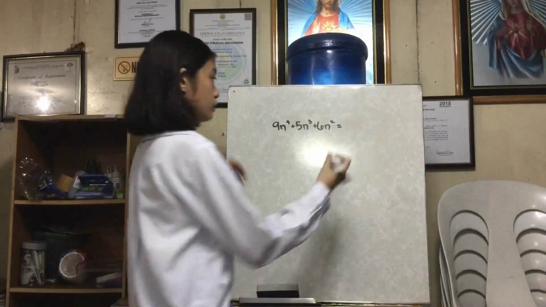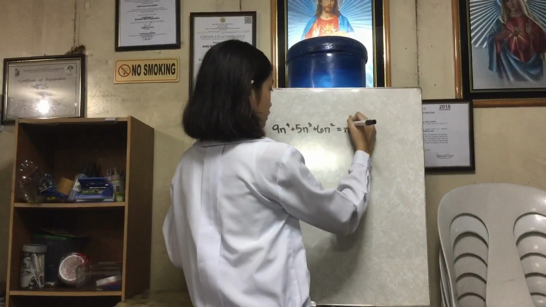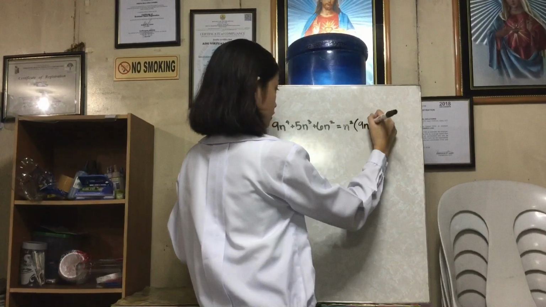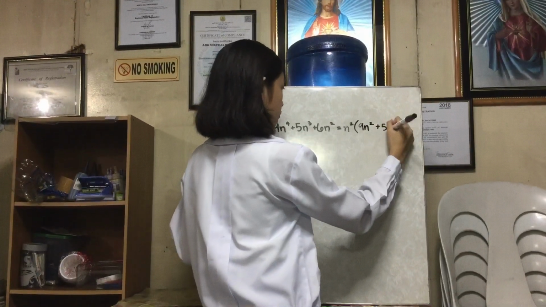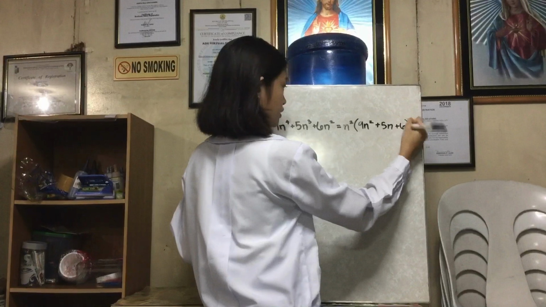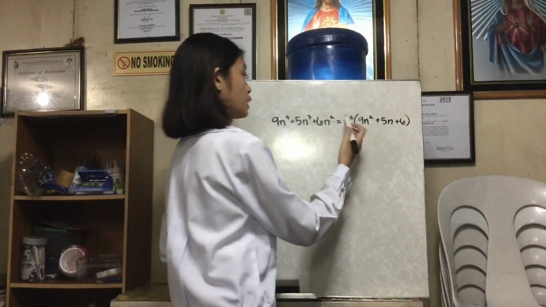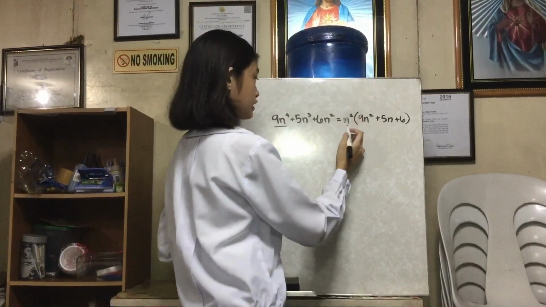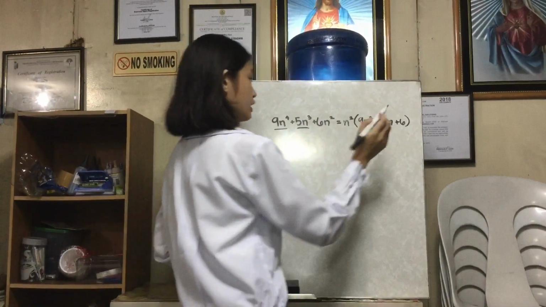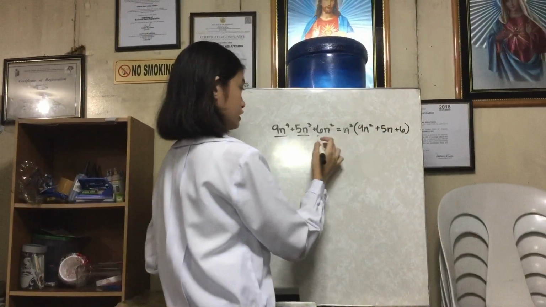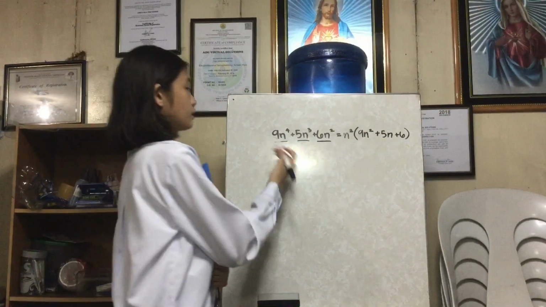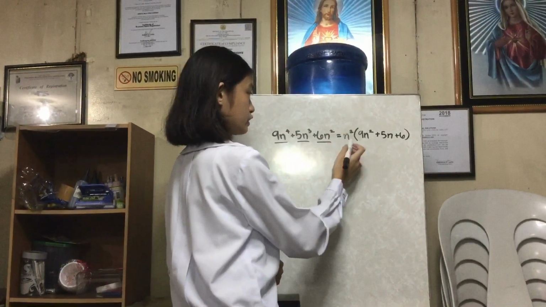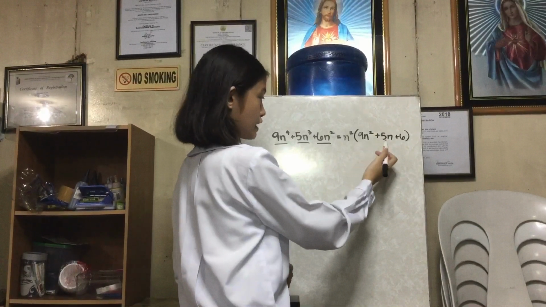So you'll put n squared, then open parenthesis, then 9n squared plus 5n plus 6, because 9n squared times n squared is 9n to the 4th power, then 5n times n squared is 5n cubed, then 6 times n squared is 6n squared. So the factor of 9n to the 4th power plus 5n cubed plus 6n squared is n squared times 9n squared plus 5n plus 6.